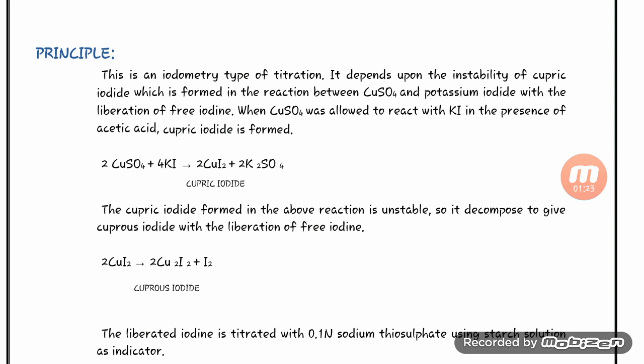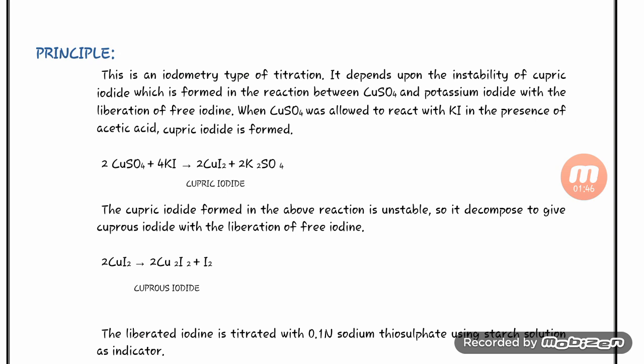You can see the reaction between 2 copper sulfate and 4 potassium iodide, which gives cupric iodide and acetic acid. This reaction happens in the presence of acetic acid.